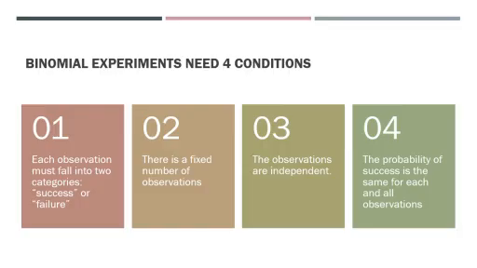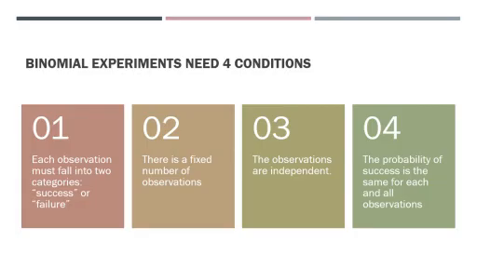Okay, so the four conditions that are needed to be able to do a binomial experiment: each observation must fall into two categories, success and failure. There's a fixed number of observations, so you can't just do this as the observations go off into infinity. You have to say there's this many observations.